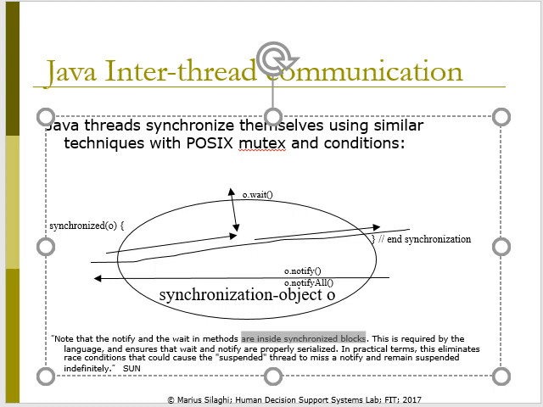So in Java, this possible trouble is avoided. Nevertheless, there are situations when forcing the programmer to enter the mutual exclusion area in order to send a notify may decrease the efficiency of the program.